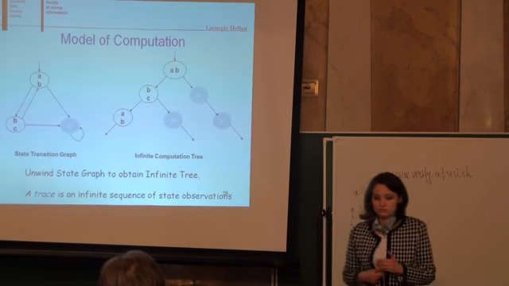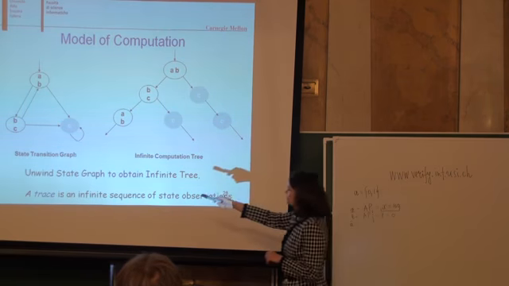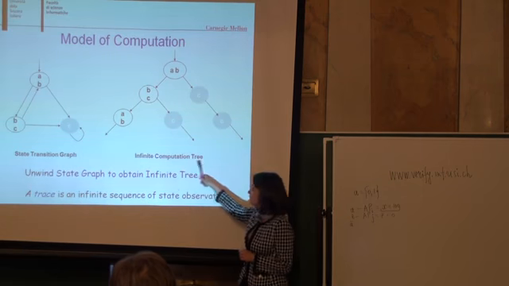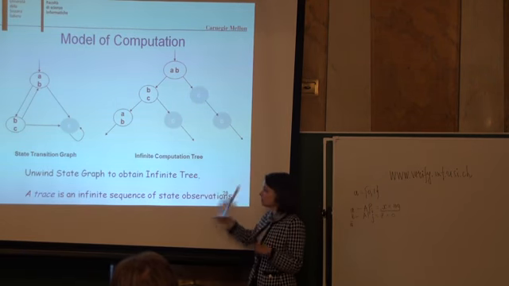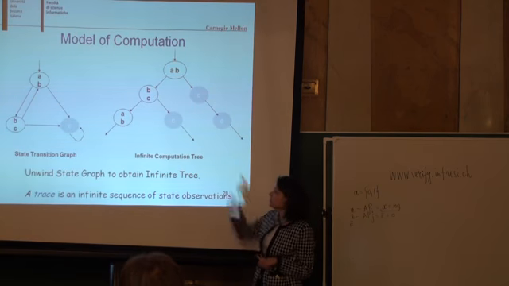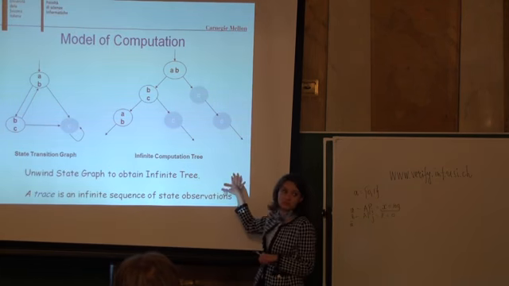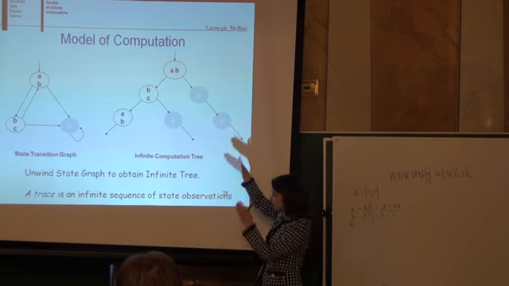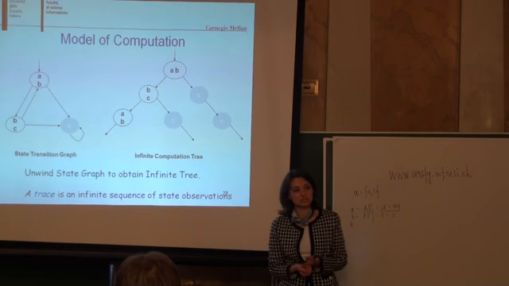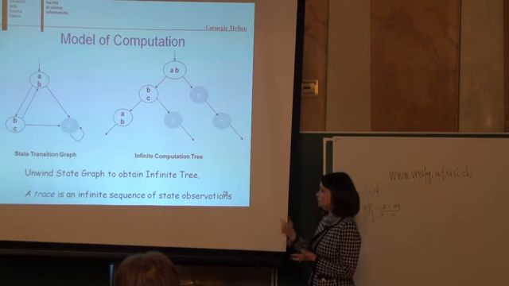Okay, so having a state transition graph, what usually we do, we create what is called an infinite computation tree. It's essentially unfolding, unwinding of the state graph such that I don't have loops any longer. So having this explicit set of traces will help me to define the language of the system.